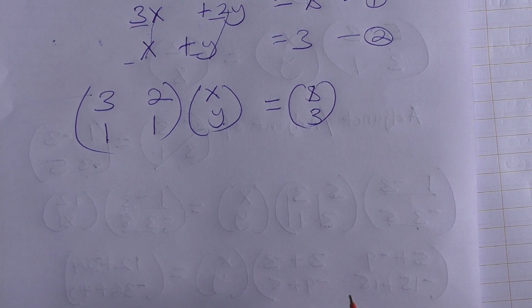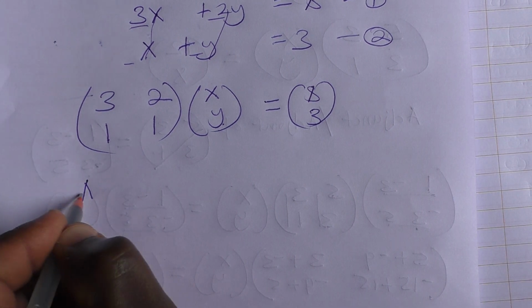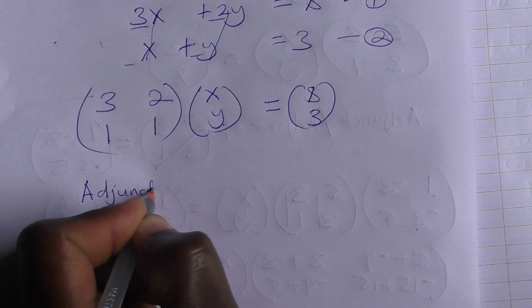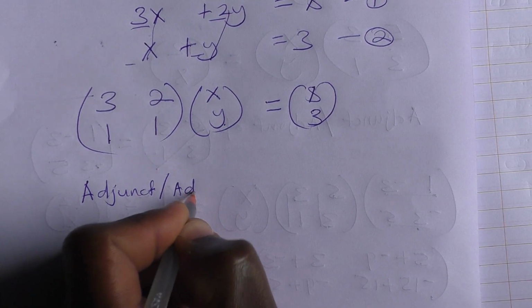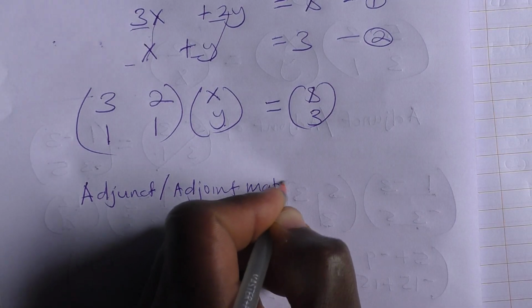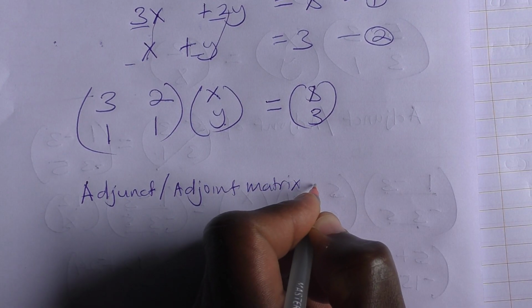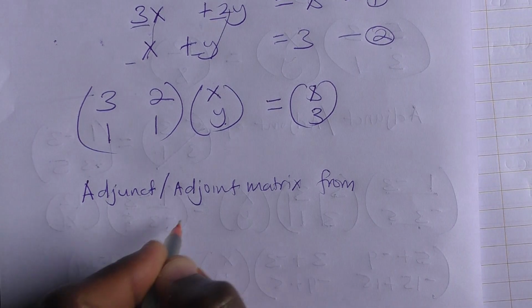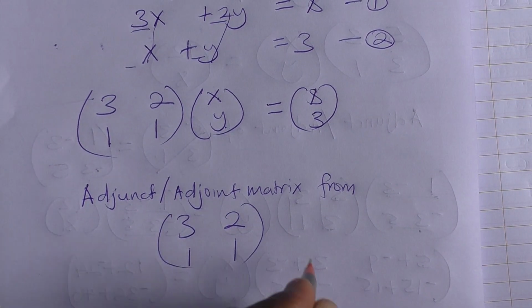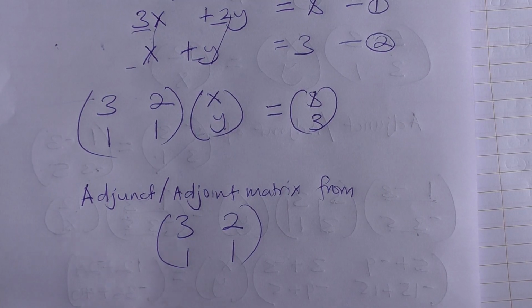Now, another step is we get the adjunct or adjoint matrix from 3, 2, 1, 1.